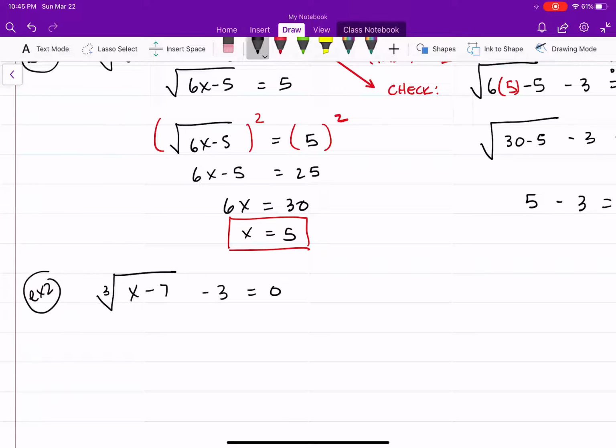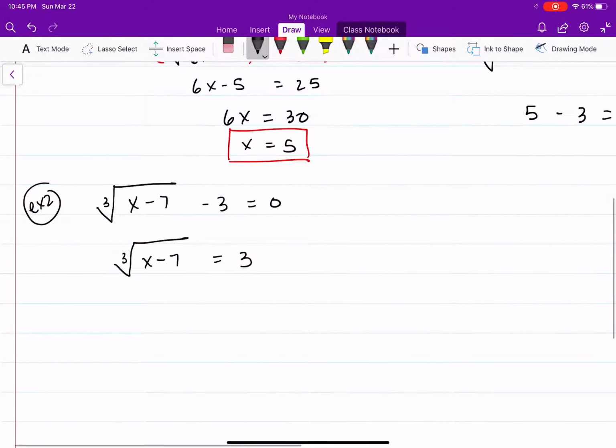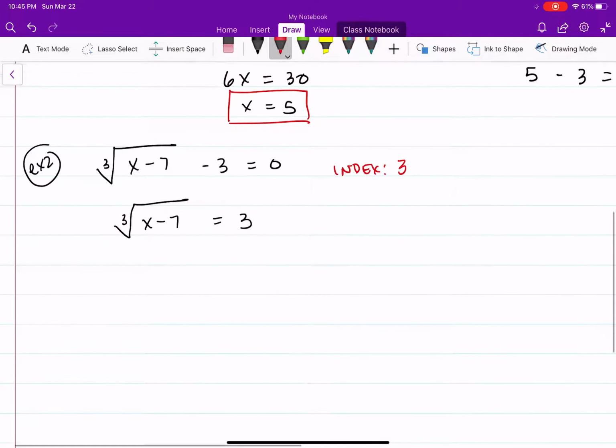Step 1 was to get the radical by itself, so I add the 3 to both sides. Then I know that my index is a 3. So now I need to raise this side and this side to the power of 3.